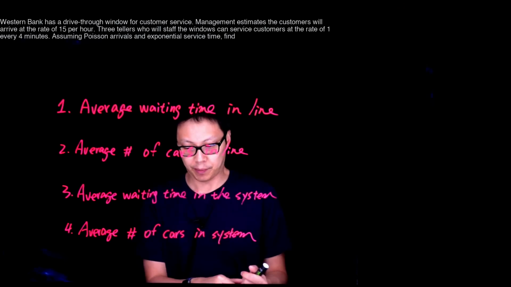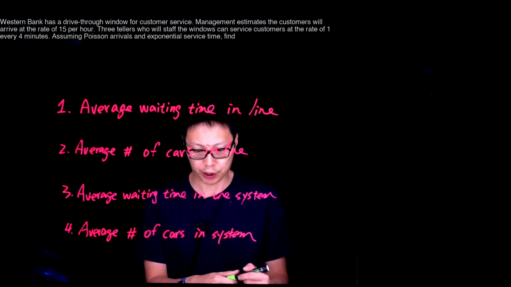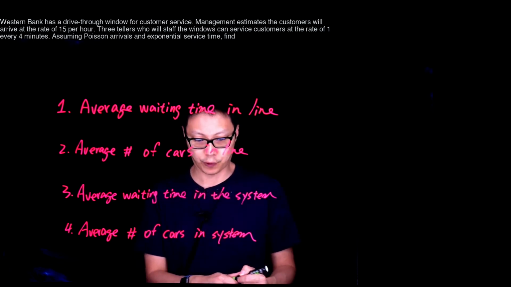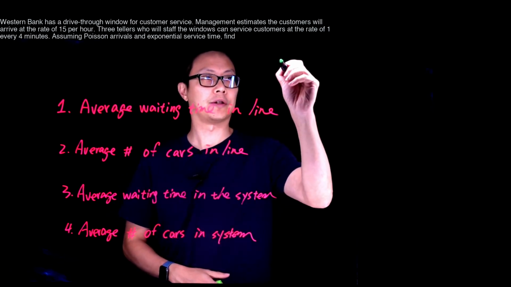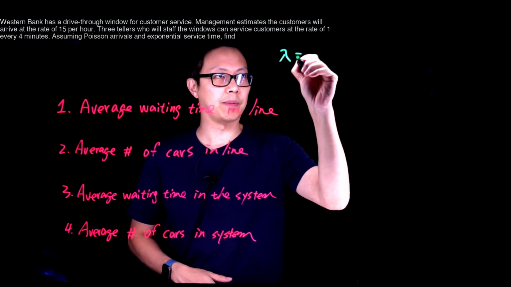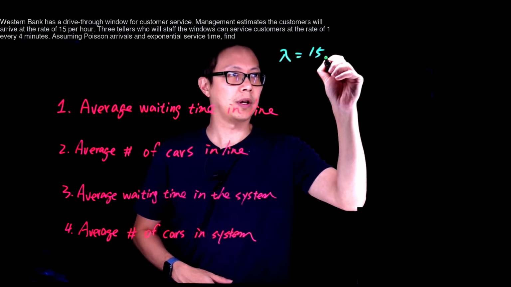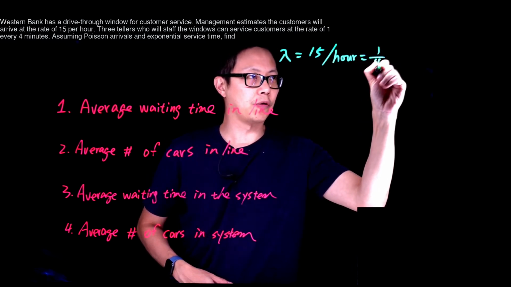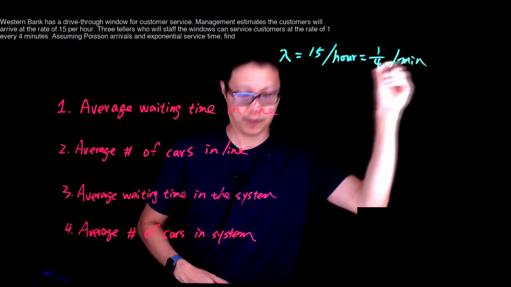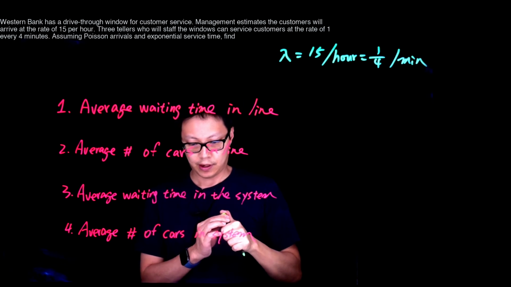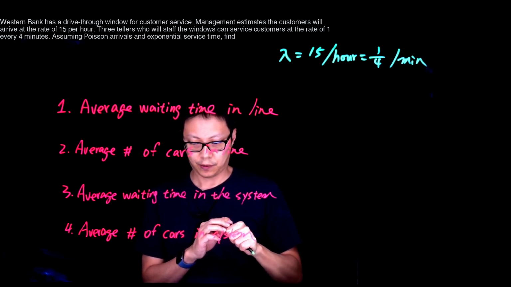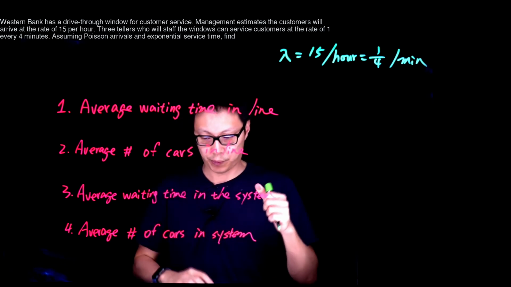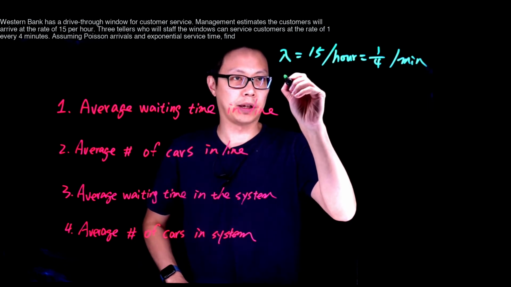So in this example, the Western Bank has a drive-through window, so the same as the previous two. And we know the customer will arrive at the rate of 15 per hour. So arrival will be 15 per hour. That will be a quarter per minute. And the service time for each of the tellers will be 4 minutes.